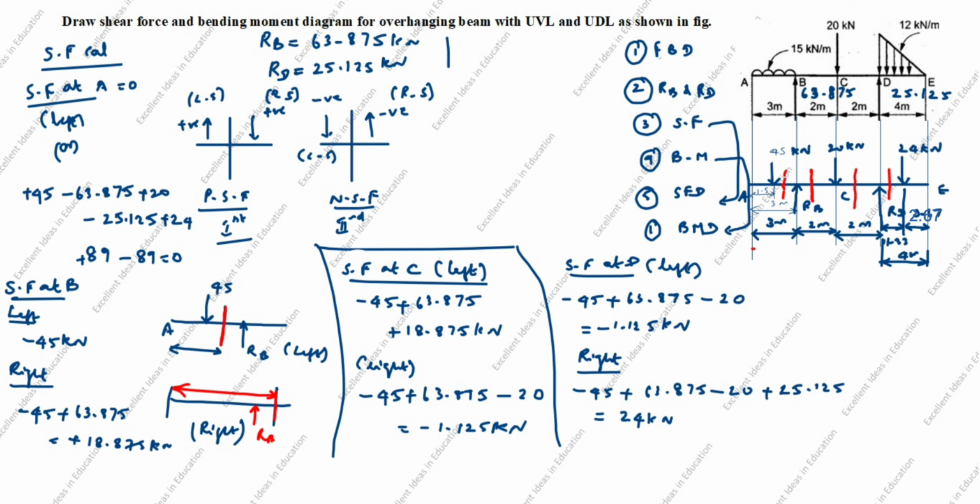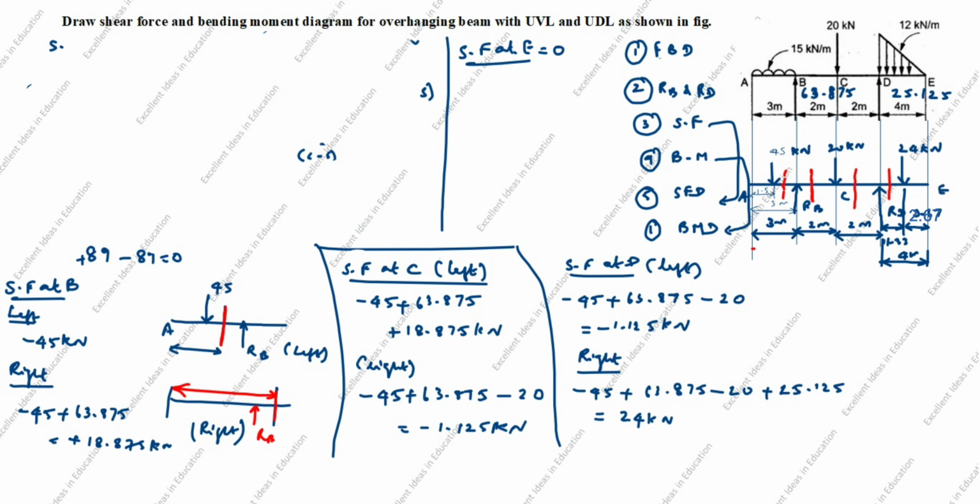Next, we will calculate shear force at E. So this E point we need to calculate. So shear force at A and E is always 0 only, equal to 0. Shear force at A is equal to 0. Shear force at B, left side is minus 45 kilonewton. Right side is 18.875 kilonewton.